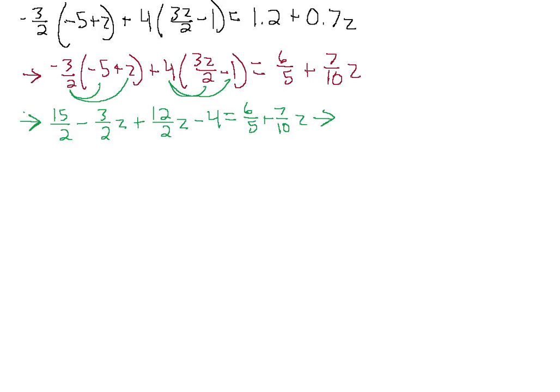Let's regroup these things. Since we have variables and rational numbers, I like to put everything together so we can get a better idea of what we're working with. It's like painting a picture, and we can simplify as we go along. Let's start with our variables first. We could simplify the 12 over 2z to a 6z, but let's leave it, since we'll be subtracting 3/2 z in the next step and we already have a common denominator.